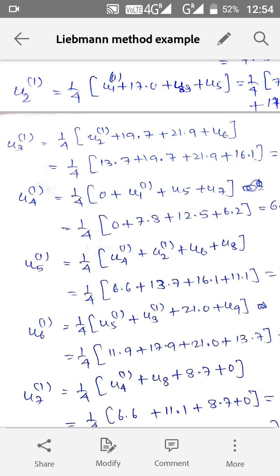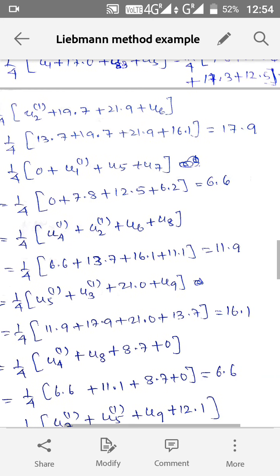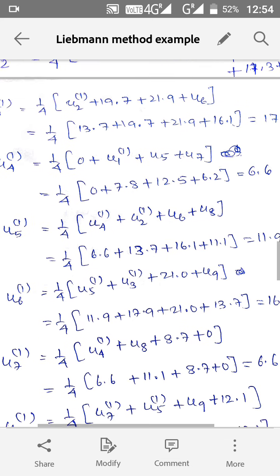Similarly, the first improvement of u6 can be obtained as we know u6 can be obtained if we know u5, u3 and u9. So u5 you have already improved, u3 you have already improved, but u9 you have not improved. So now you can get the first improvement of u6 by putting in those values and simplifying, and you will get 16.1.